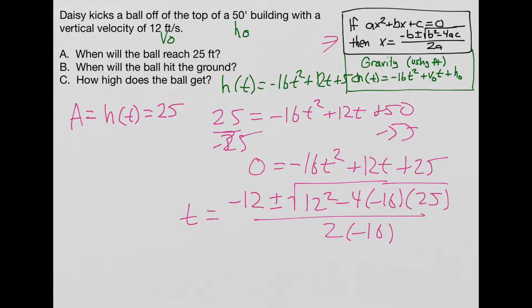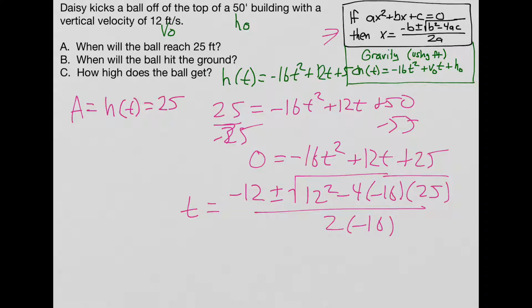And if you take a second, plug that into your calculator, you should get that t equals either negative 0.93 or 1.68. So we can't have a negative time. So it's going to reach 25 feet at 1.68 seconds.